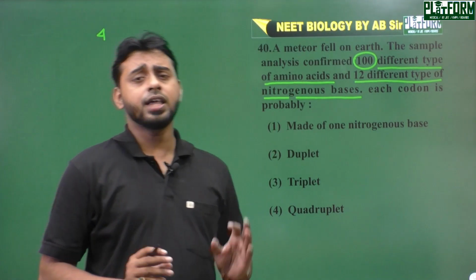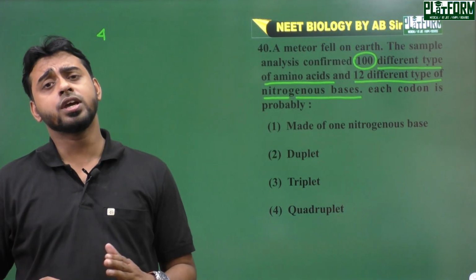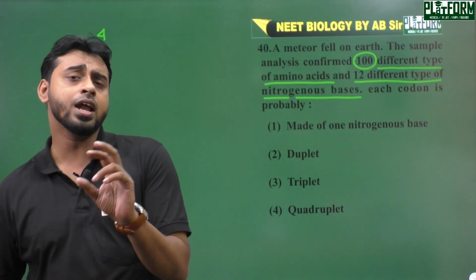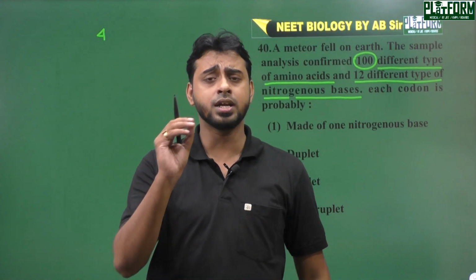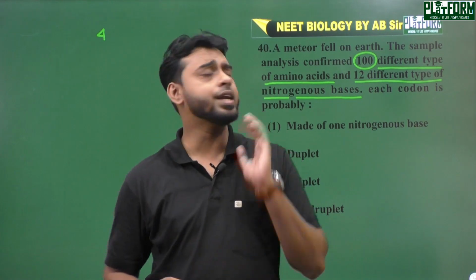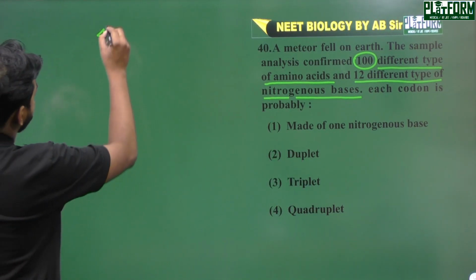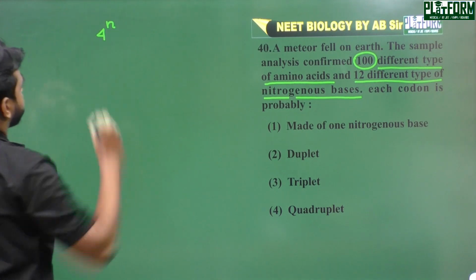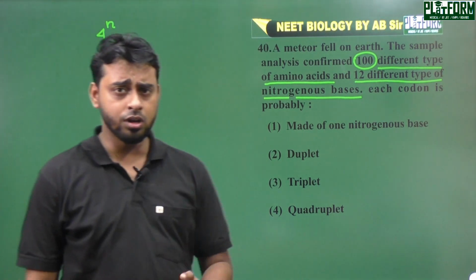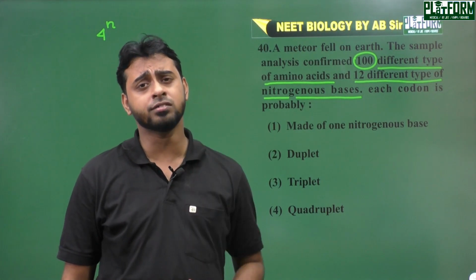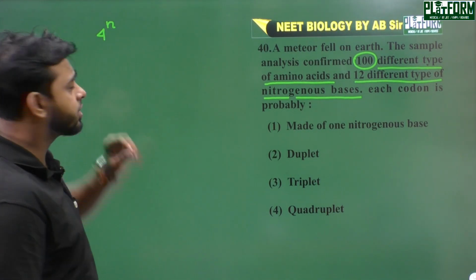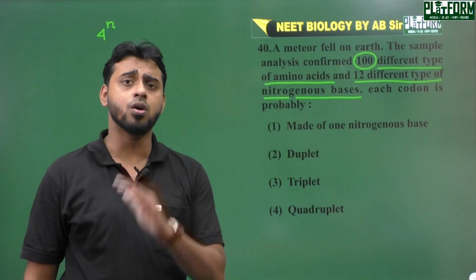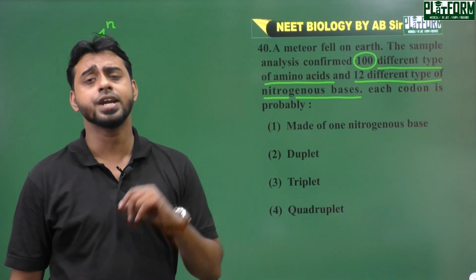Let's assume that the genetic code is monolith, so we can calculate the nature of the genetic code with the formula that's 4 to the power n. Here 4 signifies the nitrogen base and the n signifies the nature of the genetic code.